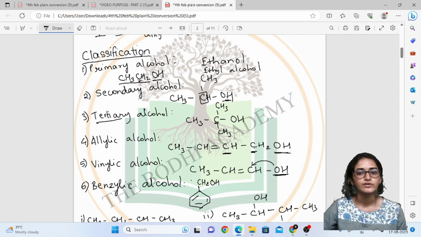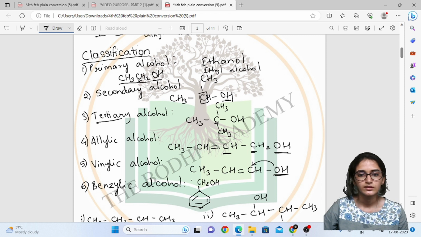Now this is a secondary alcohol. In a secondary alcohol, 2 carbons are attached to the carbon which is directly attached to the OH group. So this is OH, CH and CH3. While writing the IUPAC name, you must have studied the rules in the first chapter and last year also. First we have to select the longest chain of carbon.